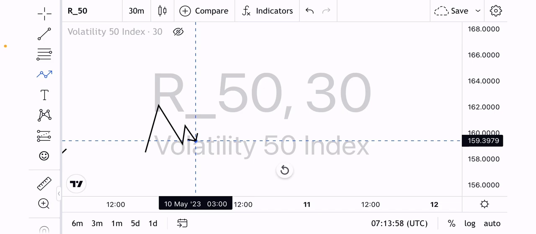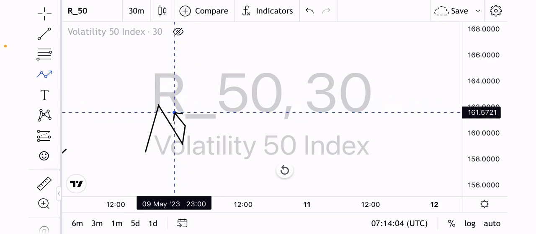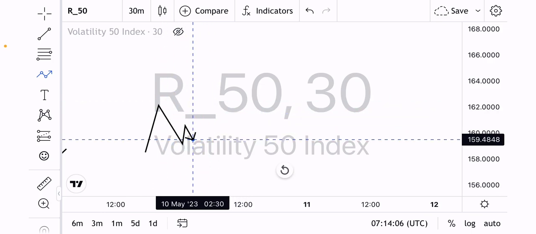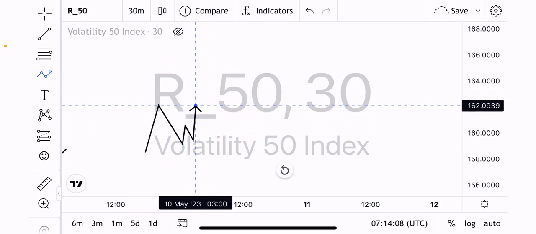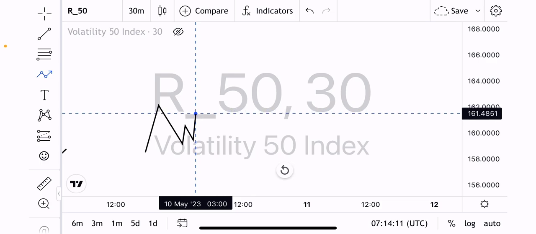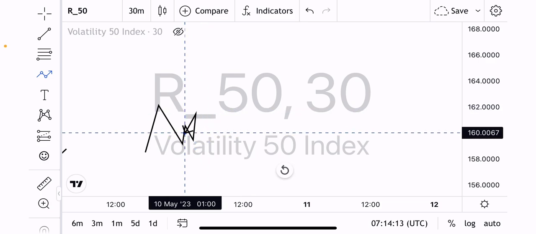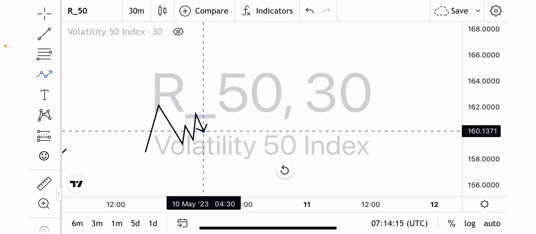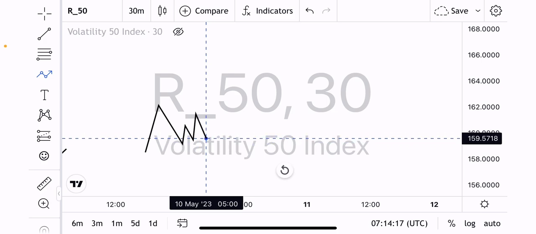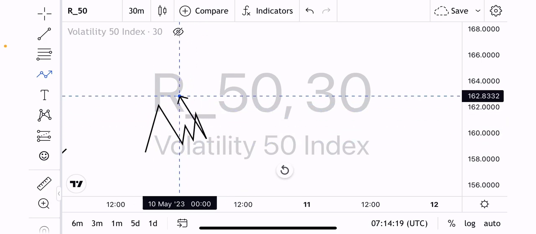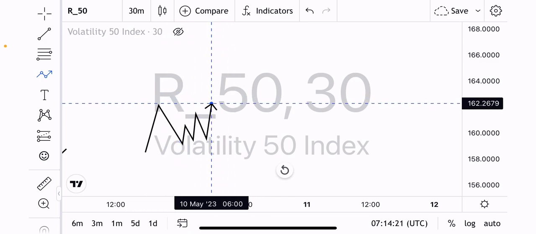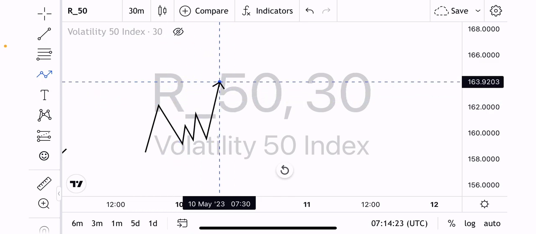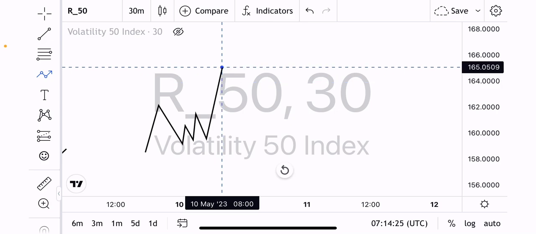So if we have a break of minor structure at PO high, and then you want to seek a continuation to take out this high, you seek a continuation at a week to week mitigation, meaning you seek continuation at this low, and then you are expecting it to take out this external liquidity.